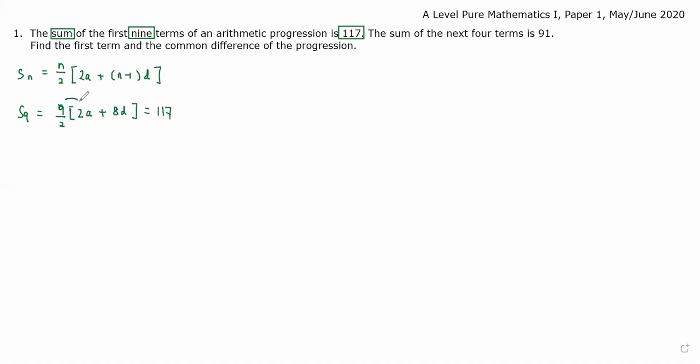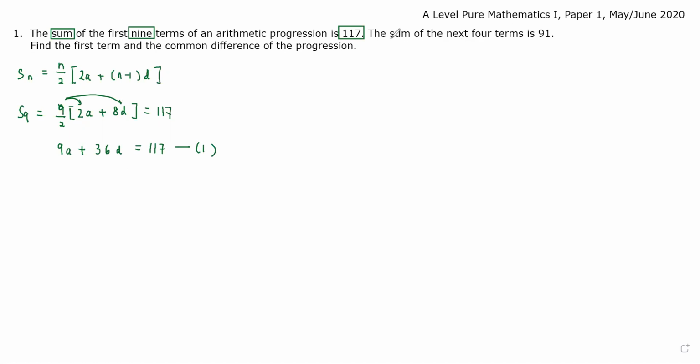Then you can distribute the 9 over 2. That would give you 9a plus 36d equals 117. That gives you equation number 1.